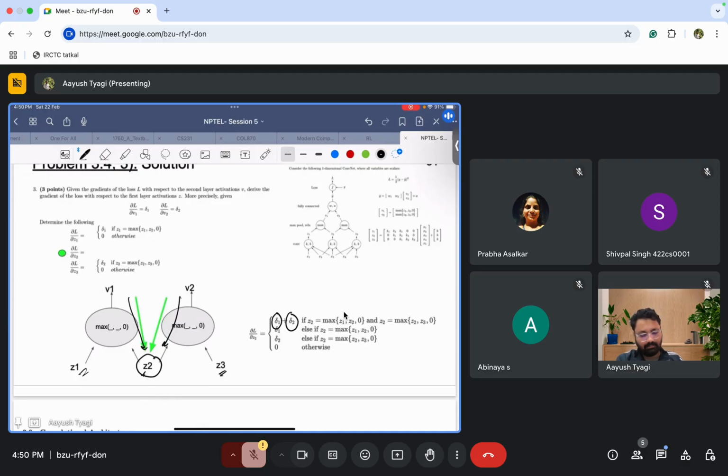Otherwise it will only pass through one of the branches: if Z2 is not greater than Z3, it will only accumulate gradient from V1. If Z2 is not greater than Z1, it will accumulate only the gradient from the other direction. So it's an accumulator branch where the gradients accumulate from two different sources, V1 and V2.